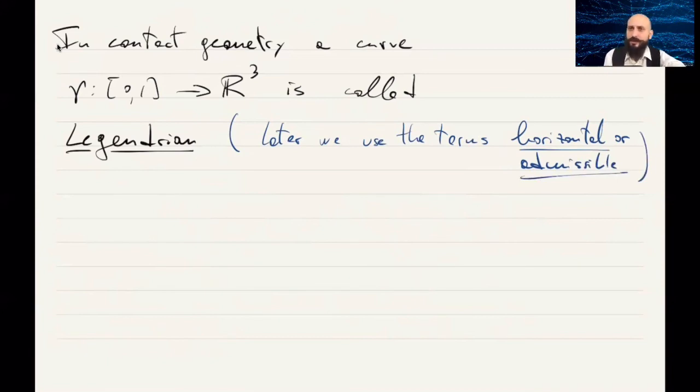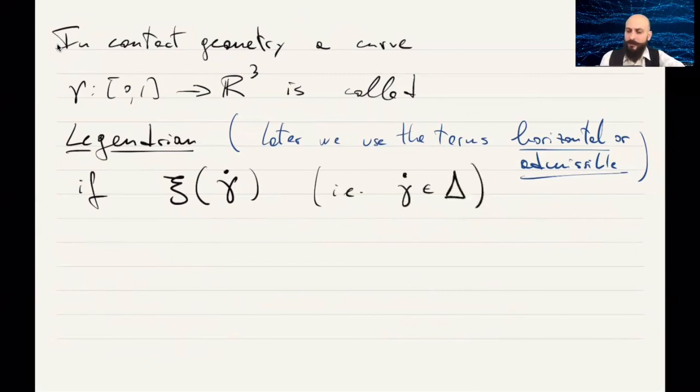So it's called Legendrian if the derivative of the curve is in the horizontal distribution, in the contact distribution. So χ annihilates gamma dot. In other words, gamma dot is tangent to the distribution.